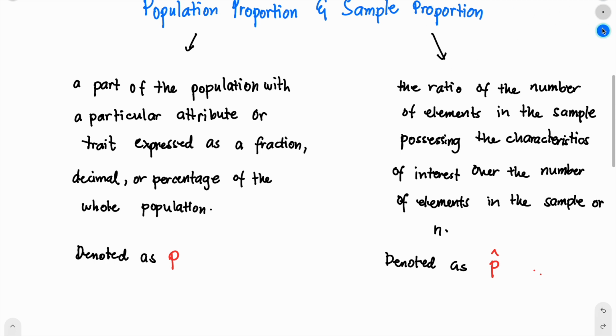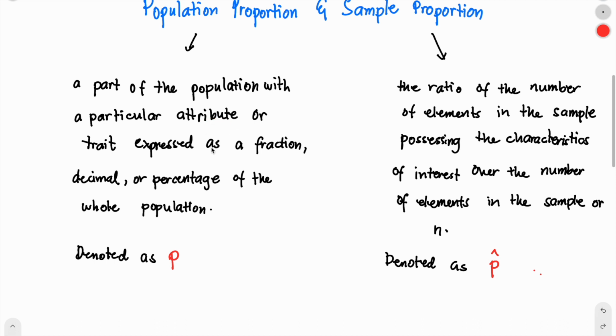So, here, when you say population proportion, it is a part of the population with a particular attribute.